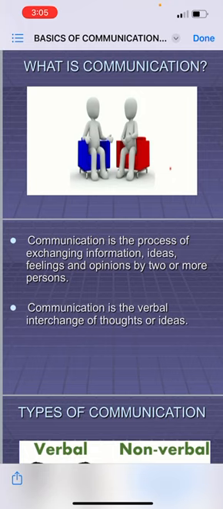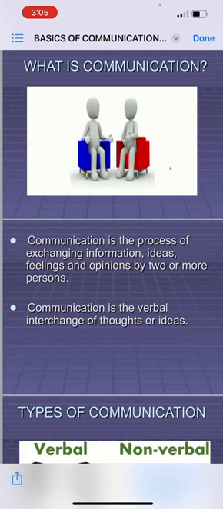Communication is the process of exchanging information, ideas, feelings, and opinions by two or more persons. It is an act, a process in which, with the help of some words, sounds, signals, behaviors, we usually express our thoughts and ideas to the other person. That is known as communication.